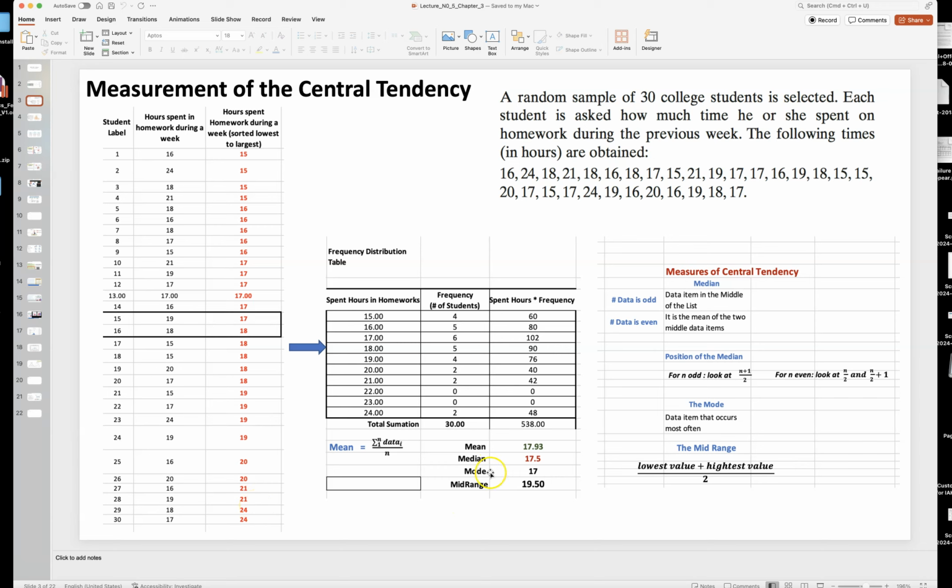Okay? So the other two are the mode and the mid-range. The mode: in your data, here in this frequency distribution table, what is the sample that has the highest frequency? That's what you're going to look for. And this is what you normally do in real life.